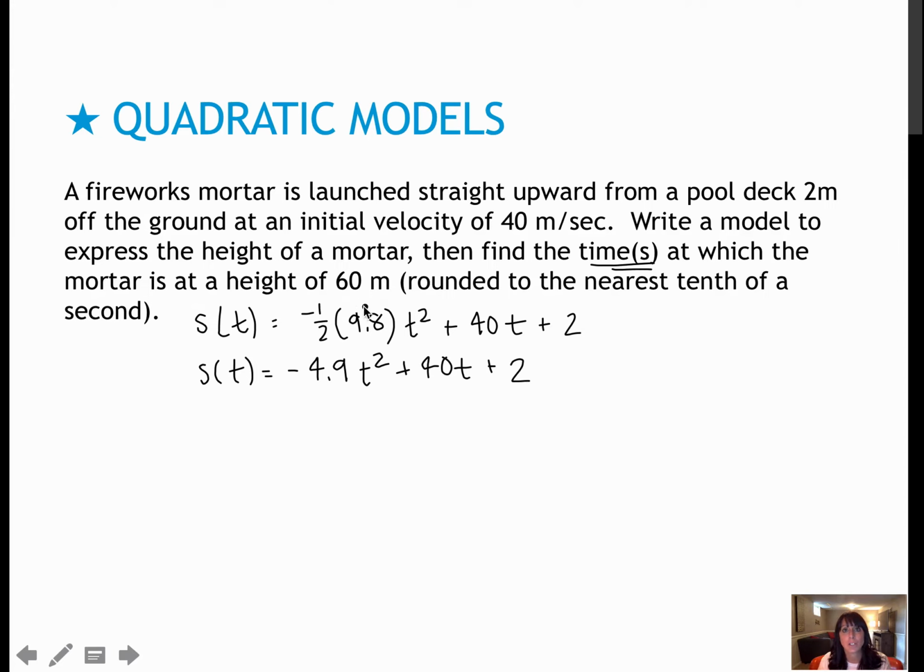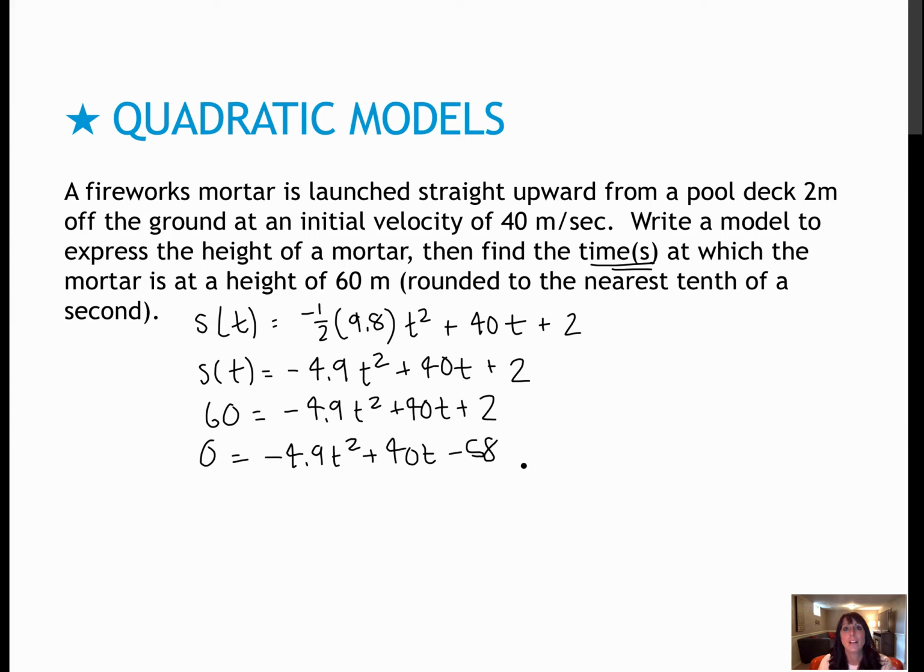So in our last question, the height was 0 because we were trying to find when it hit the ground. On this question, we're looking for the height to be 60, so I'm replacing s of t with 60. And then, of course, I can't solve unless it's equal to 0, so I have to subtract 60 from both sides. From here, I'm going to use the quadratic formula, which is t equals, instead of x equals, because we're dealing with t, the opposite of b plus or minus the square root.